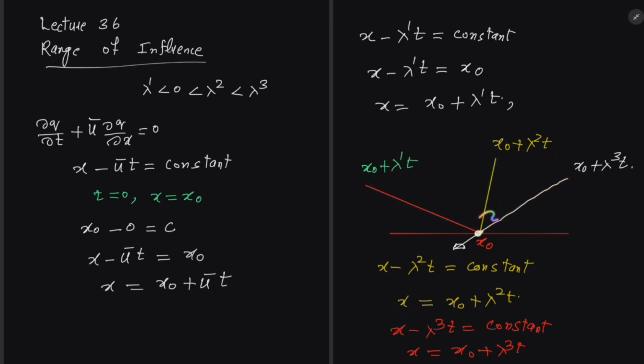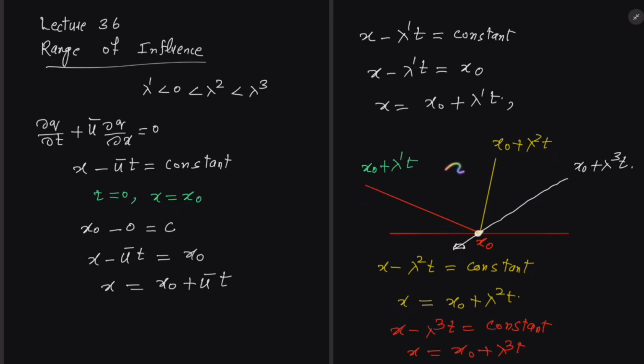So this is called range of influence, that this point can influence this region only. It has no effect over here. For example, if some person is sitting here, then this information cannot travel to that person.